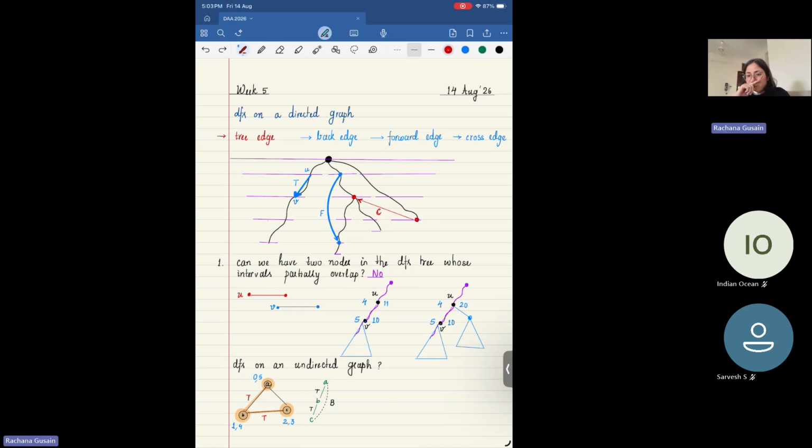So, one quick question here. From now on, let's focus on the directed graphs only. We'll see a nice application using DFS on directed graphs. Now, can you quickly tell me which of these four edges lead to a higher finishing time?